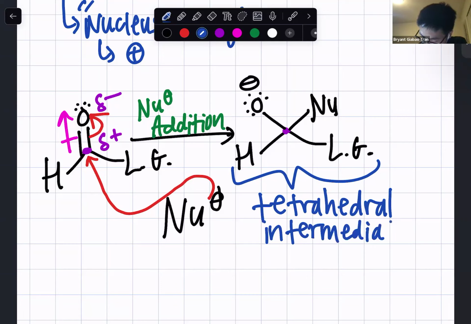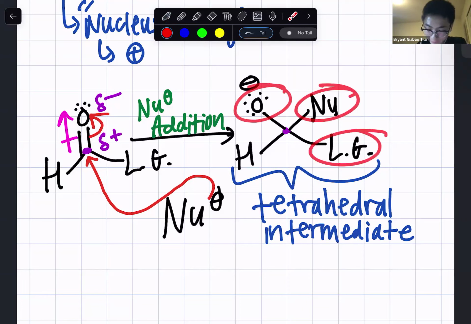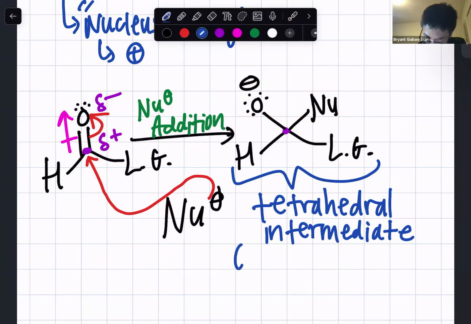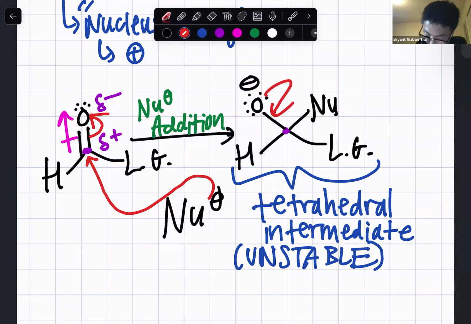This means that this carbon here is bonded to four different things and a lot of electronegative atoms: this oxygen, this nucleophile, and that leaving group right there. These three things are most likely electronegative. So this is a tetrahedral intermediate that is unstable. If there's a good leaving group, we're going to reform the carbonyl by using that lone pair to make the double bond between carbon and oxygen again.